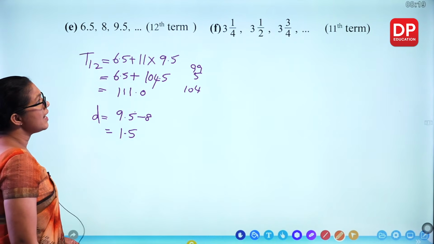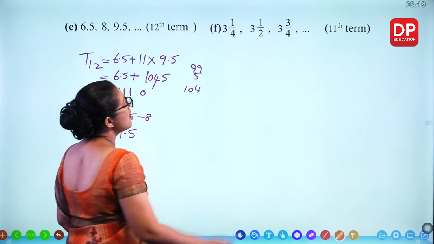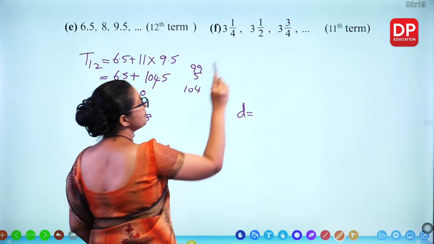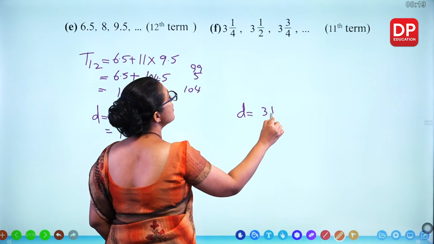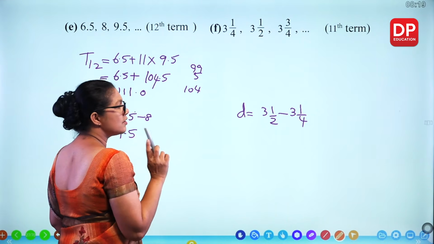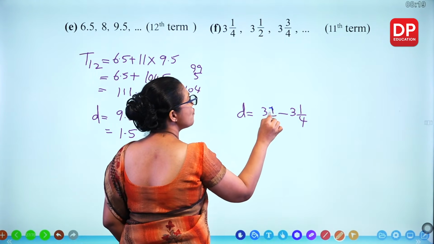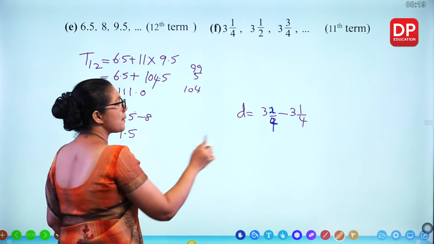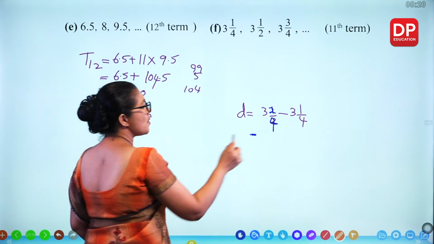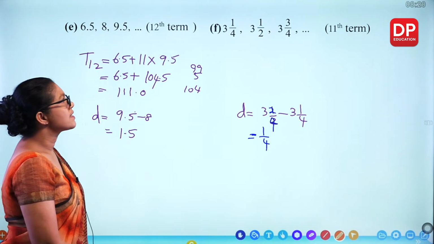This one again you get fractions. What's the difference? 3.5 minus 3/4. So I told you it's easy to rewrite this as quarter means 2/4. 3 becomes 0, 3 minus 3, 2 minus 1 is 1. So you get quarter as the common difference.